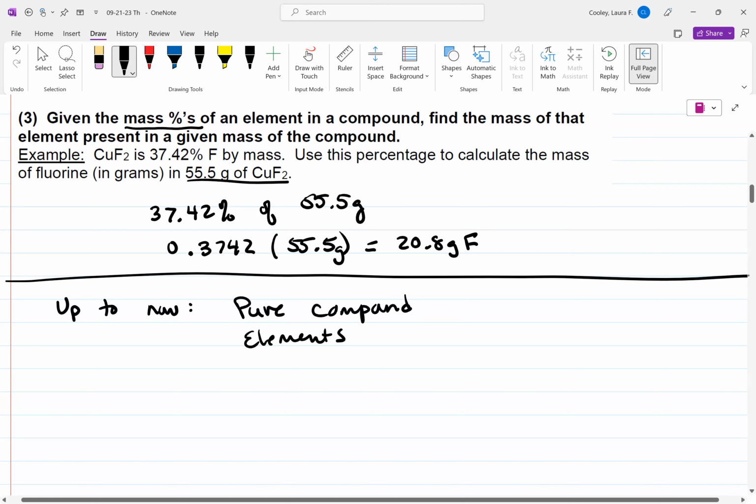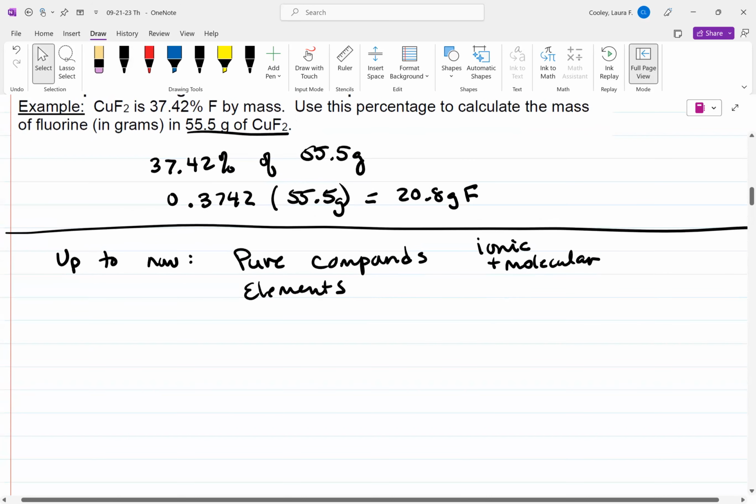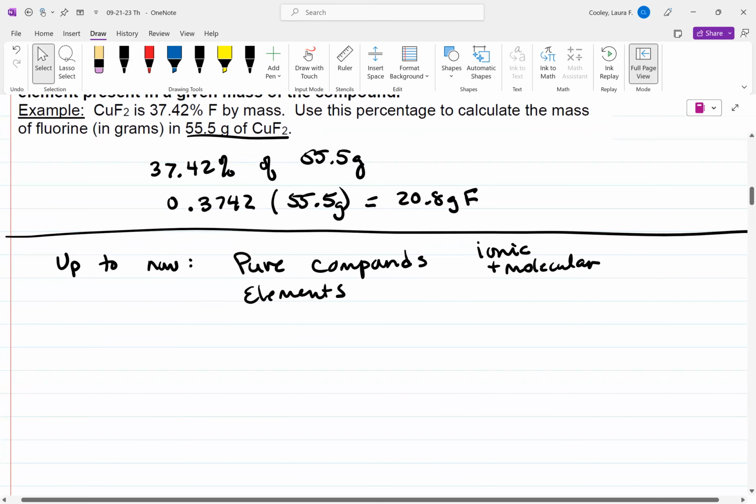I've talked about ionic and molecular compounds. We've done examples with mole calculations with both types of compounds. But many times in this course, especially in the lab, but we do a lot of it in lecture as well, we don't work with everything pure all the time. A lot of times we work with solutions, okay?